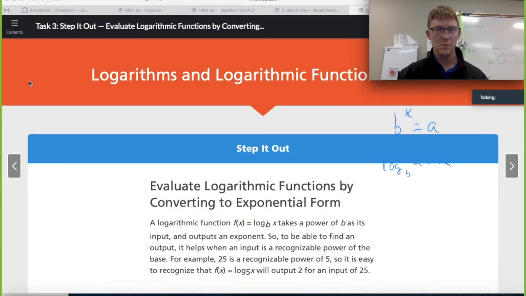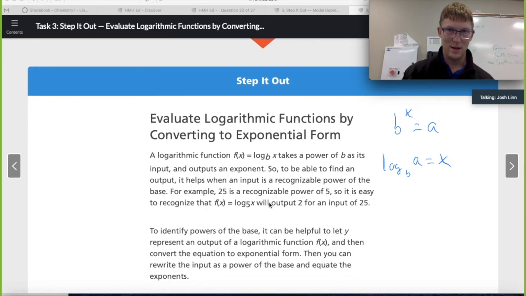Okay, let's try to solve some of these things. So when you're evaluating a logarithmic function, it is helpful to switch this f of x into a y, and then switch it to and from an exponent so that you can see it a little bit easier. So for example, it helps when an input is a recognizable power of a base.